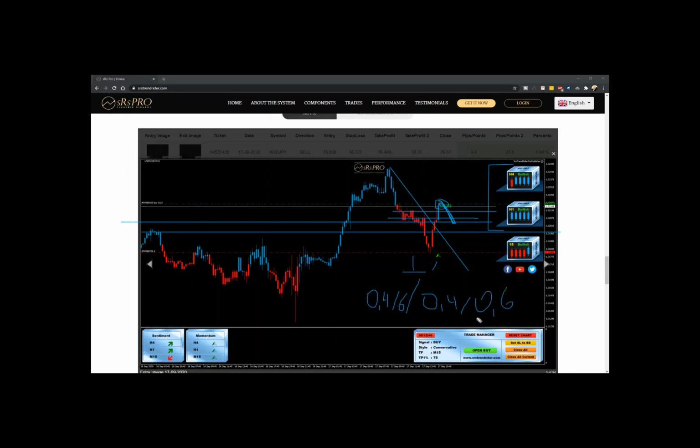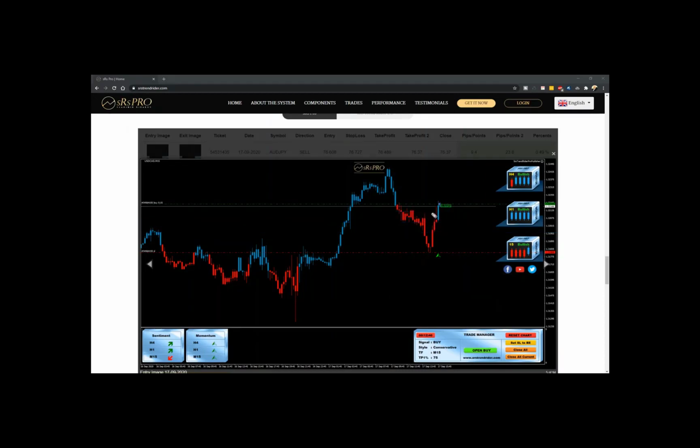Okay, so basically split it into 2 parts, and if it gives you the pullback, then the second entry will be triggered, and then you have kind of averaging out your position. So 1 entry here, 1 entry here, depending of course on the ratio, 40, 60, 50, 50, whatever, you will drop the average entry position a bit lower.